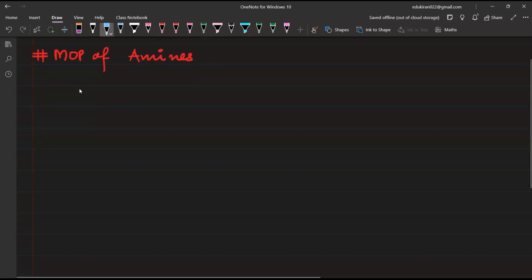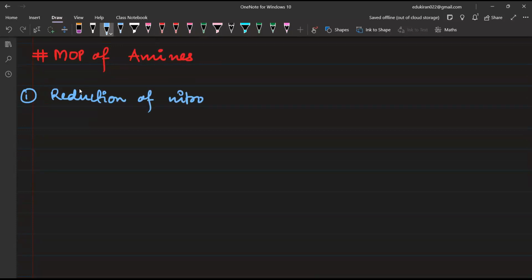The first method of preparation is reduction of nitro compounds. There are two basic reagents that we can use.